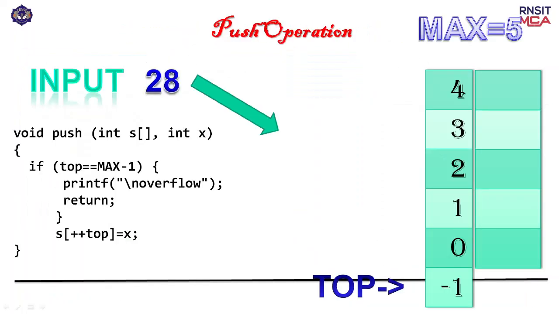So now the same thing we will see in this particular code. This is a push function. In the push function, you are supplying the stack S, and your maximum size is equal to 5. So the size of the stack is 1, 2, 3, 4, 5.